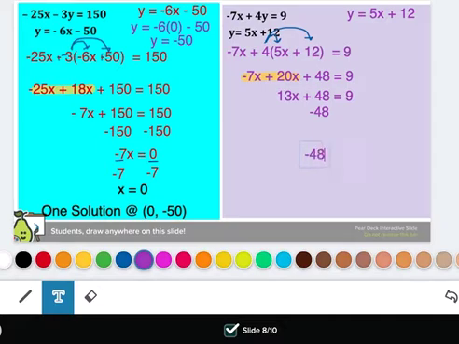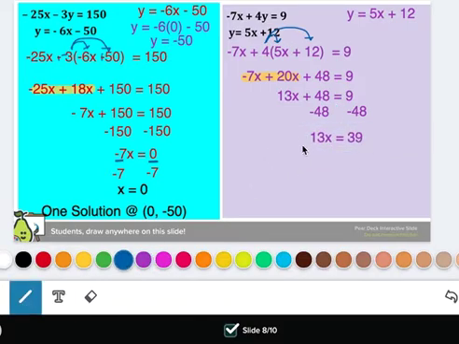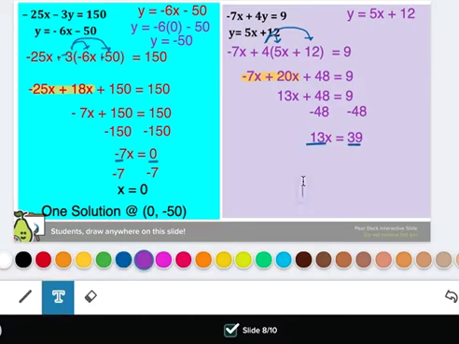Minus 48 to both sides. You get 13x equals 39, and you divide by 13 to both sides and you get 3 as an answer.